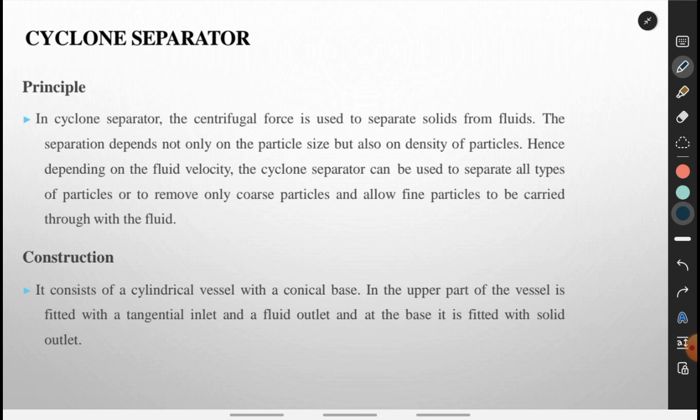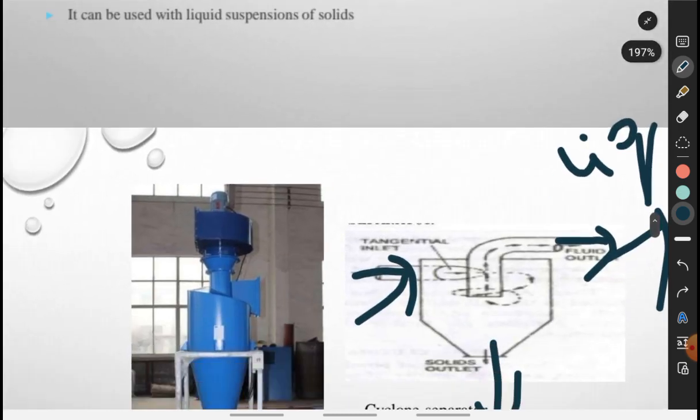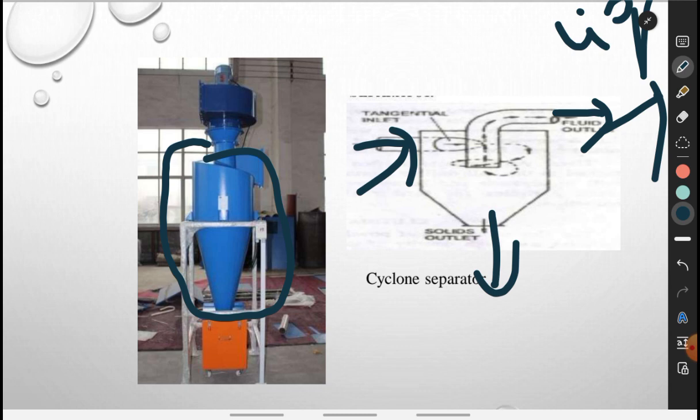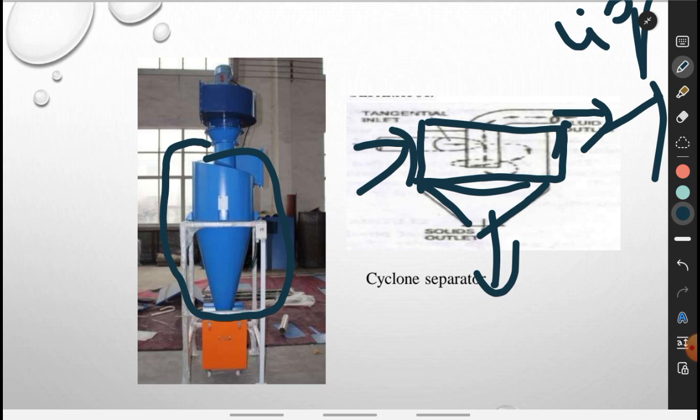So cyclone separator consists of a cylindrical vessel. You can see in the figure, it is a cylindrical vessel with a conical base. From here to here it is cylindrical, then in the base it is conical in shape.